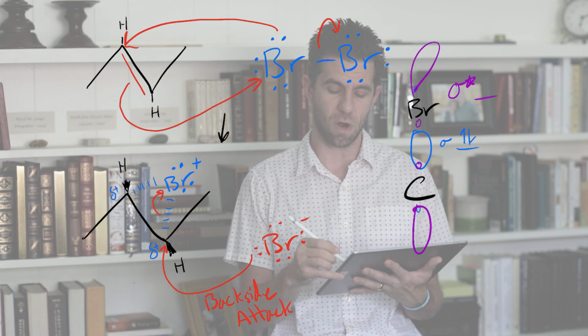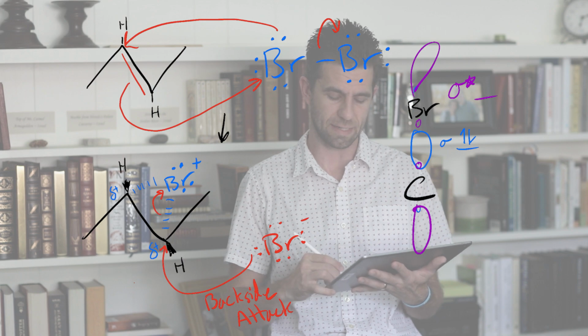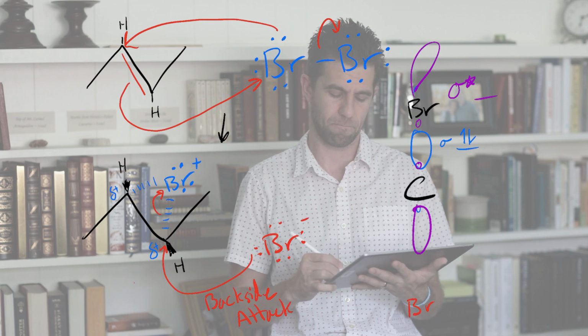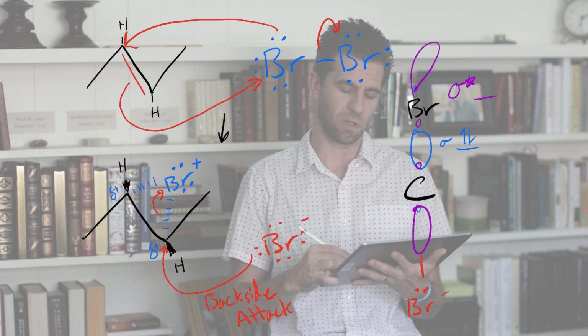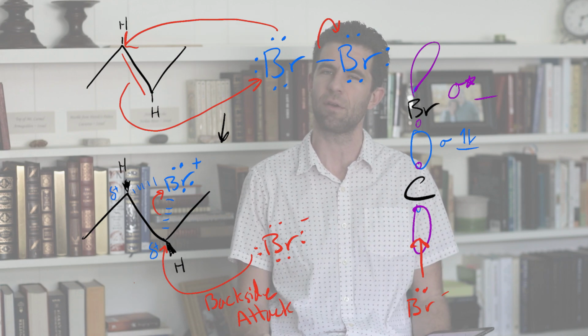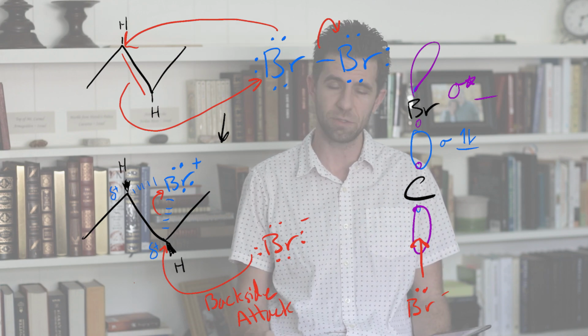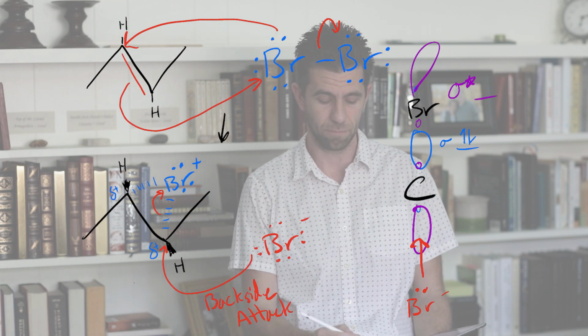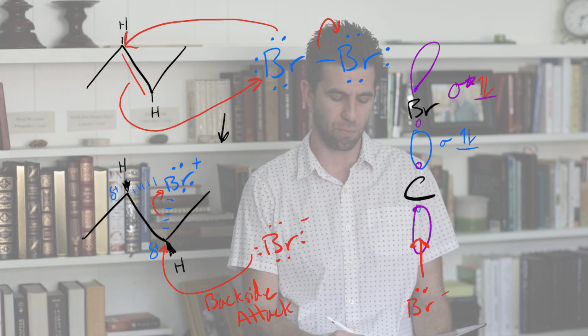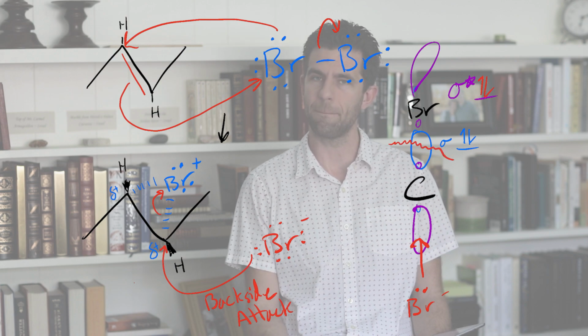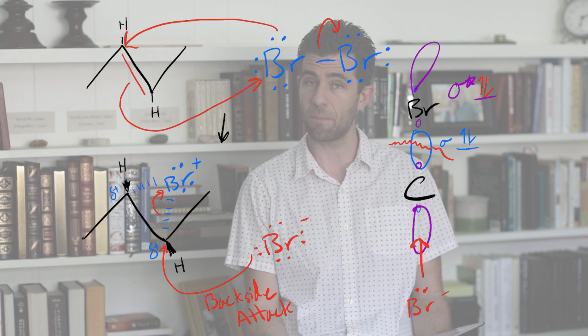Well, this Br here, that's negative, has these electrons that it's able to flow into that anti-bonding orbital. As it flows into the anti-bonding orbital, it's able to break that bond with the other Br.